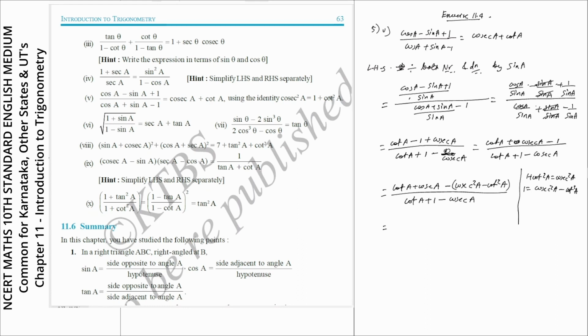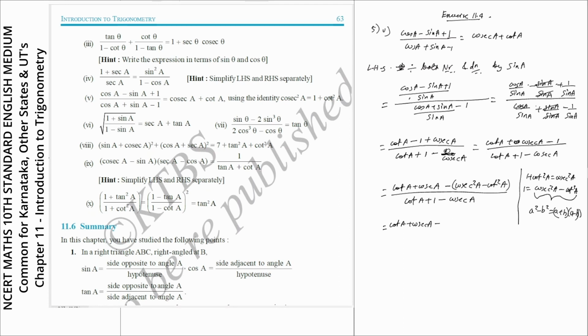Now see, this cosecant square a minus cot square a is in the form of a square minus b square. So a square minus b square is equal to (a plus b) into (a minus b). Okay, so now cot a plus cosecant a.